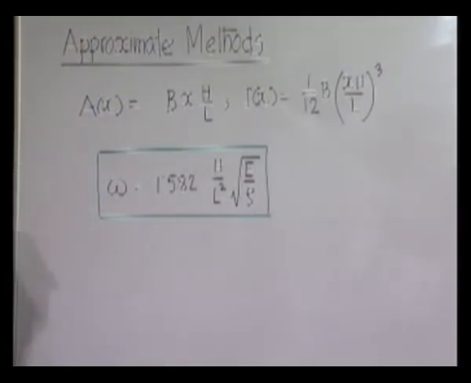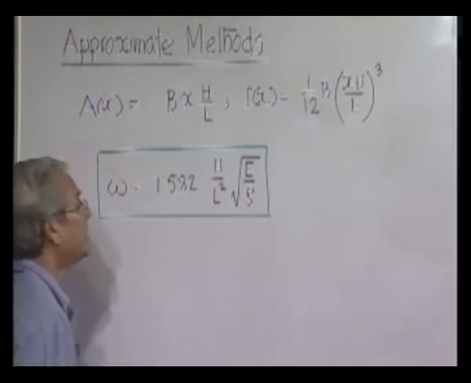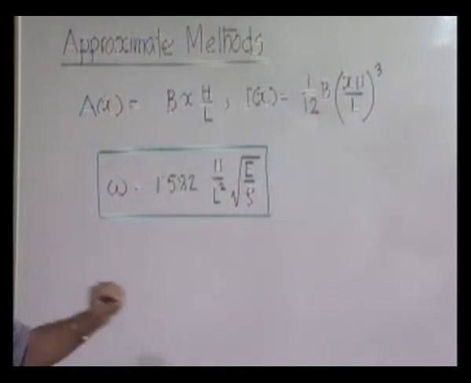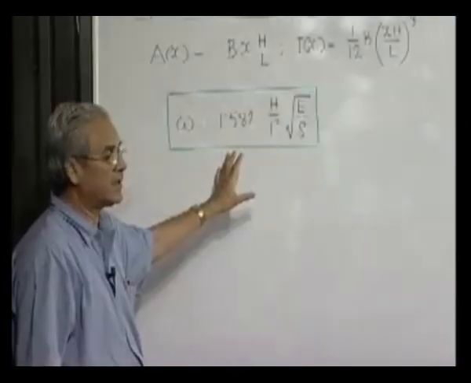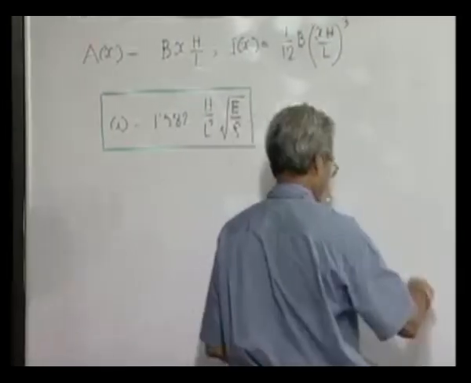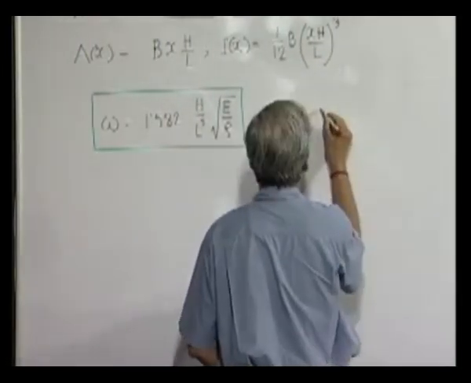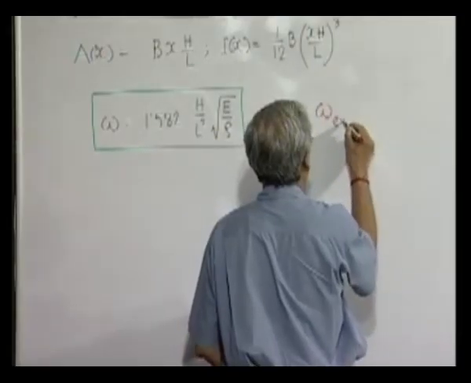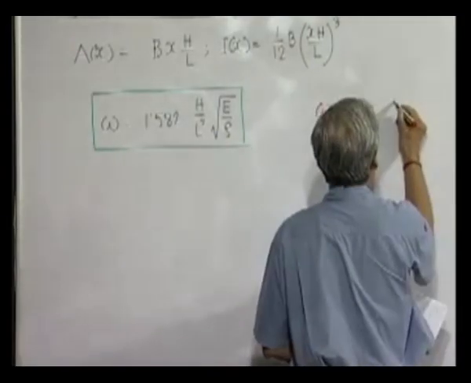Now this is a particular case where, though it is a non-uniform cross section being linear, we can solve the problem exactly by analytical method, and the exact value of omega 1 is found out to be this.